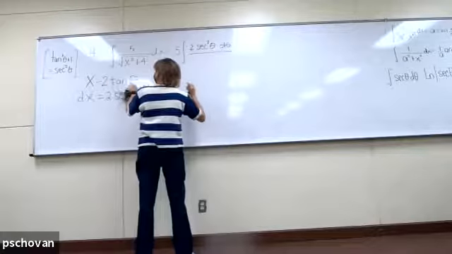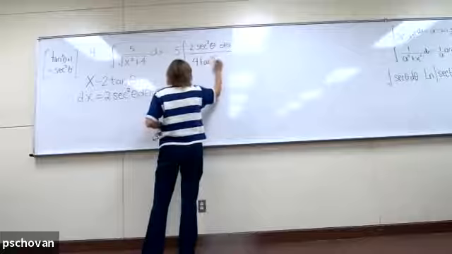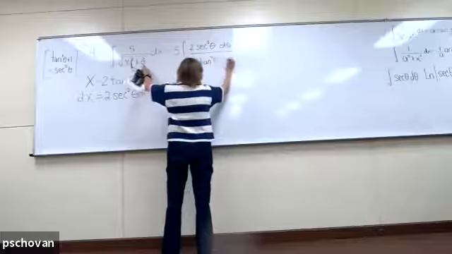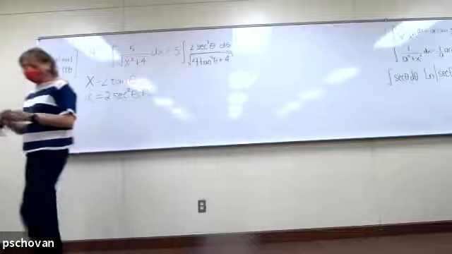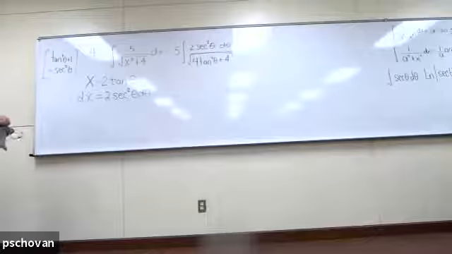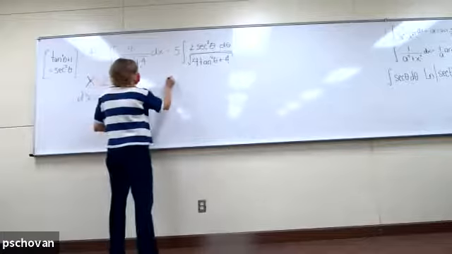I'm going to have a 4 tangent squared theta, and I've got the plus 4 here in the radical sign. And it is the common factor of 4 that we pull out, and what remains is our tangent squared theta plus 1.